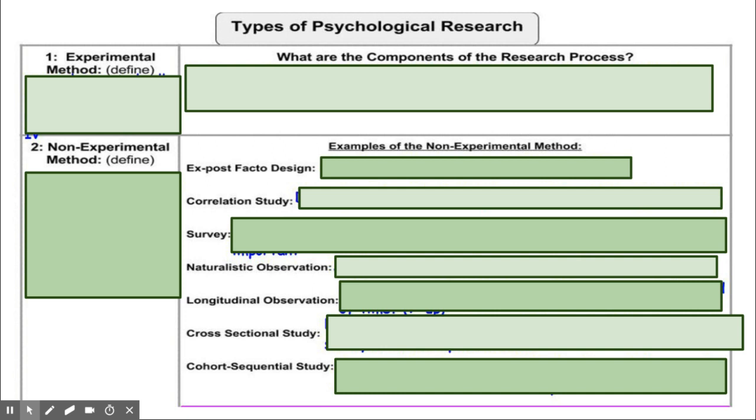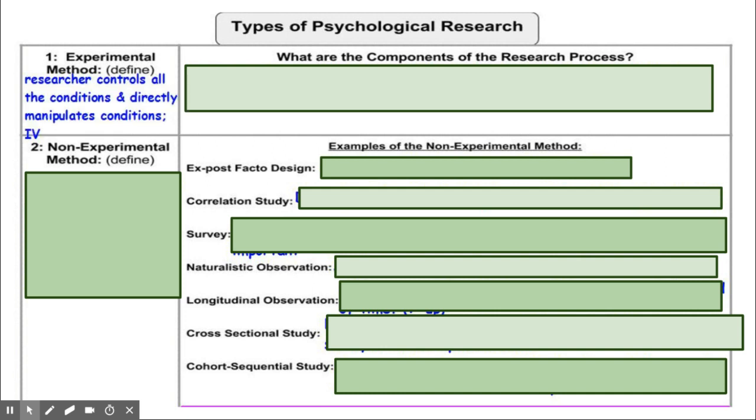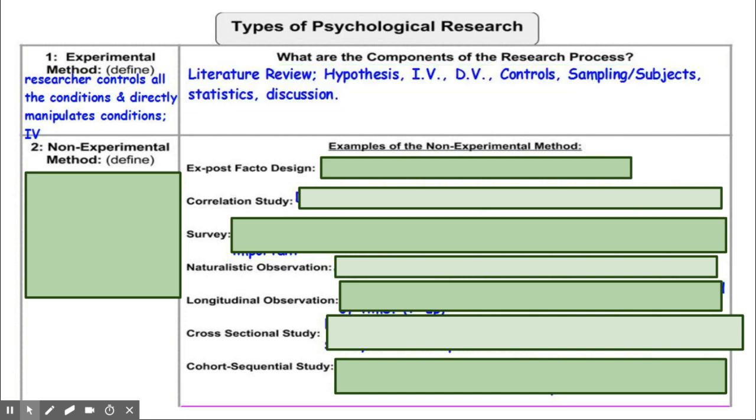So your experimental method is a situation where researchers control all the conditions and they directly manipulate certain conditions, particularly through an independent variable. So, what are the components of the research process? You're probably going to start off with something called a literature review or a lit review.